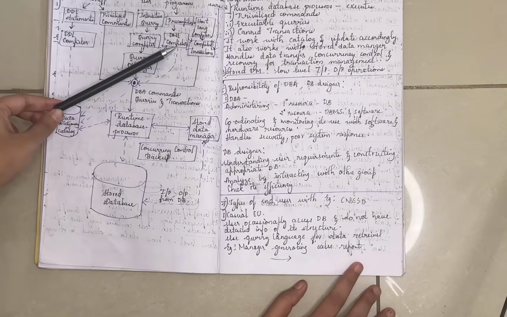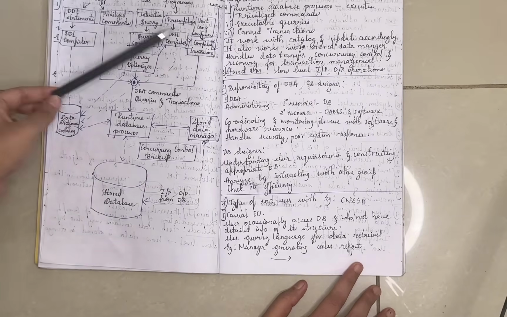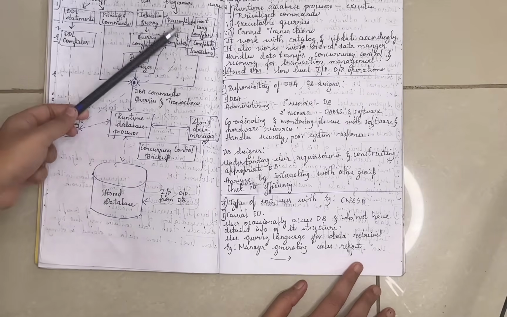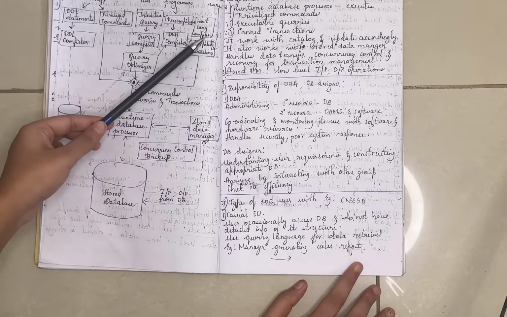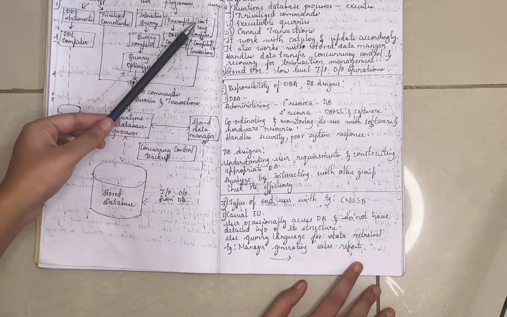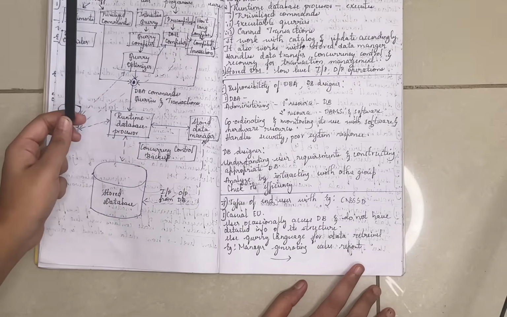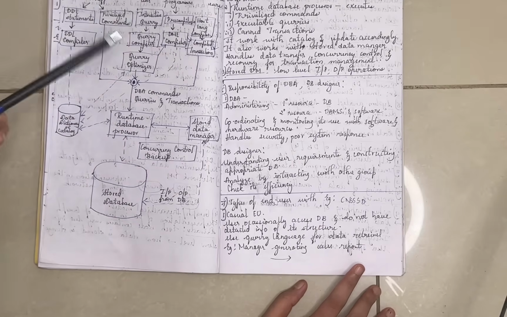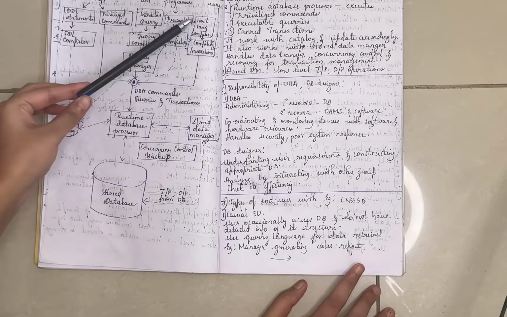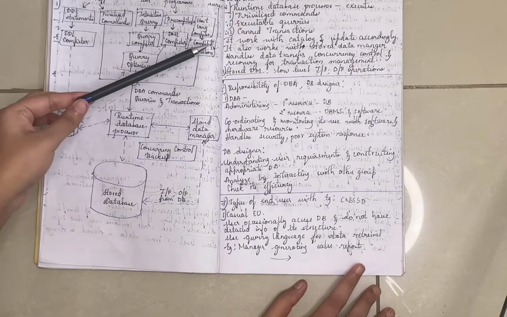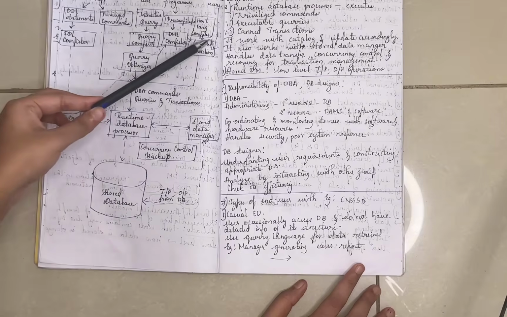Then DML compiler, see here it is DDL compiler, here it is DML compiler. So pre-compiler is connected with the host language compiler. So there are multiple types, right? So SQL is one of the types of query language that we use to retrieve. There are some other languages as well. So the host language compiler is connected to compiled transaction, so that this entire compilation will happen here.